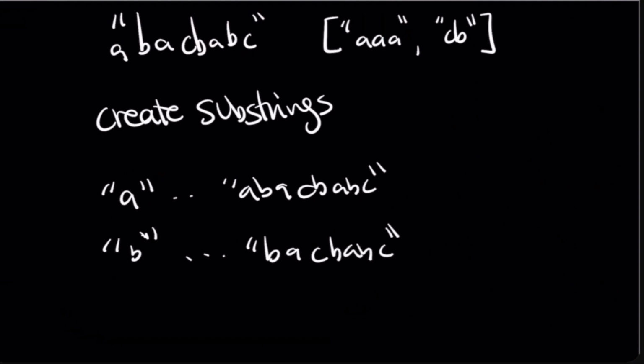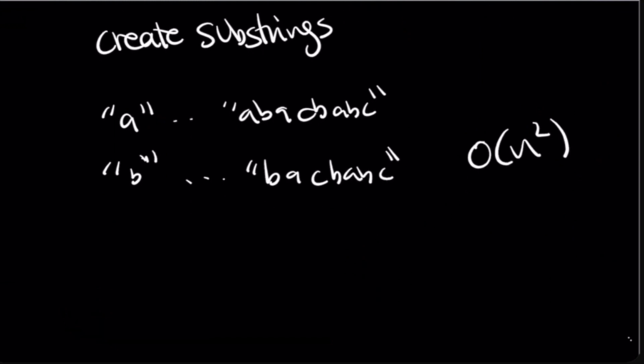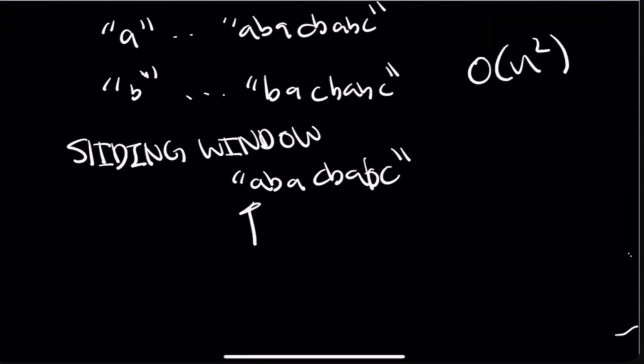Now this is obviously going to take O(n squared) time complexity, and that's not what we always want. To get a better solution, we can use the sliding window technique, where we have a left index and a right index, and we iterate through the string once, and we can create different substrings and check the validity of the substring as we iterate through it once.